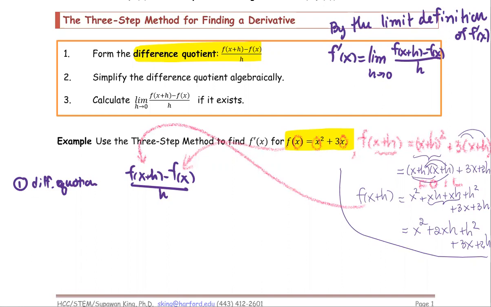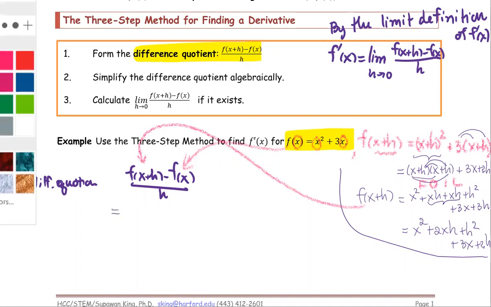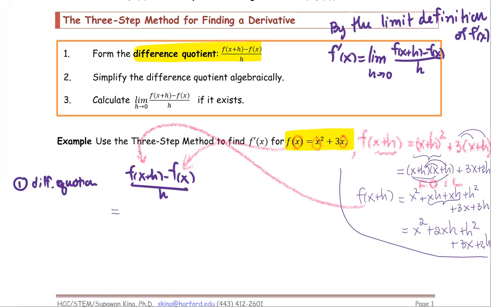After you form the difference quotient, I'm gonna go to the next step. The next step is where you're gonna replace term by term. So it's gonna be x squared plus 2xh plus h squared plus 3x plus 3h, and then subtracted by the original function.